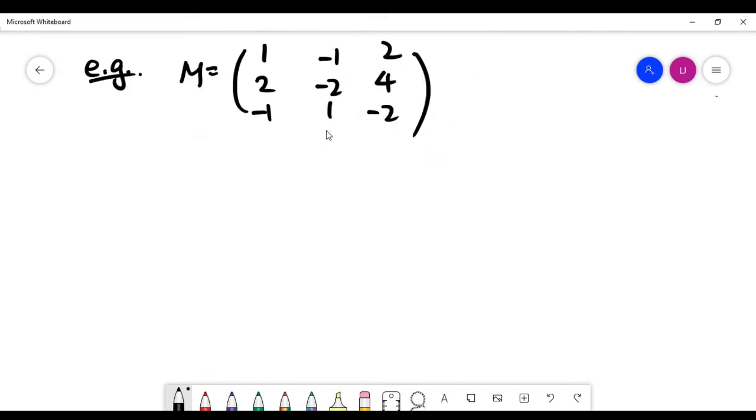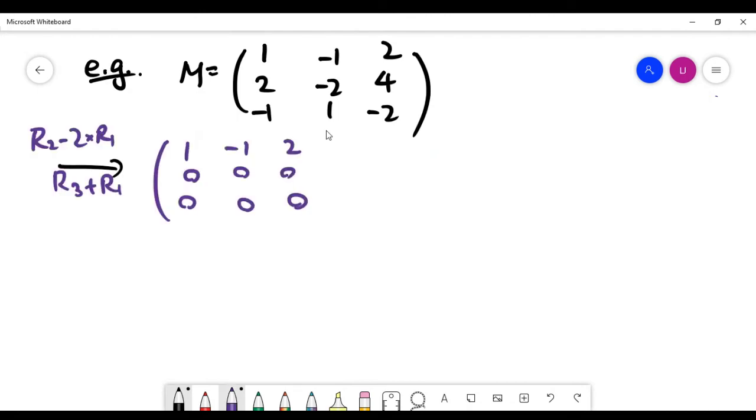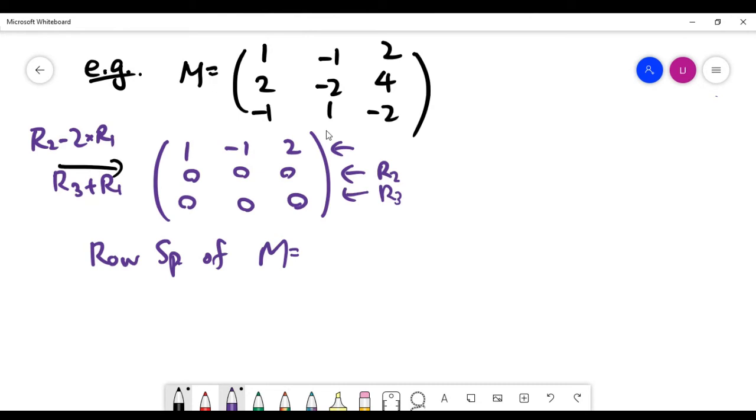Please look at the current 3 by 3 matrix, and let's do the row operations first. You can notice that in the current case, you can get the second and the last row completely zero after the row operations. If you look at the row space, it's spanned by the three rows, and the fact is that row operations never change the row space.